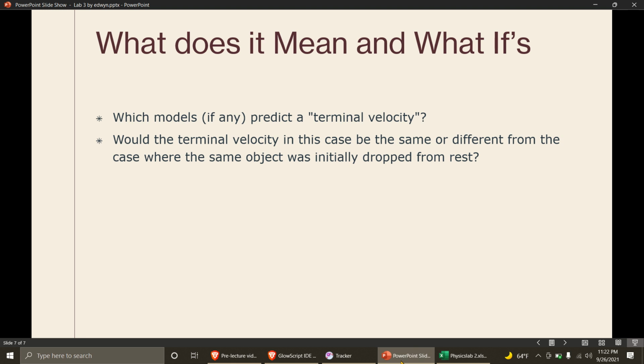What would the terminal velocity be in this case? Would it be the same or different from the same object initially dropped from rest?